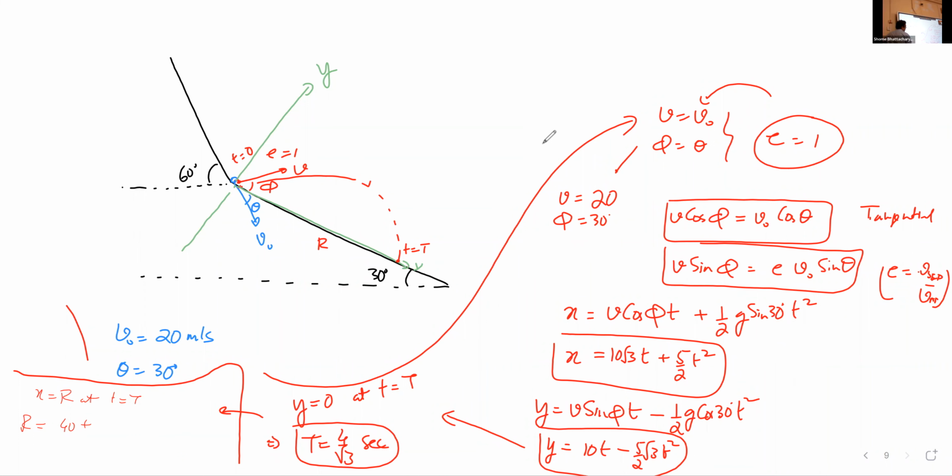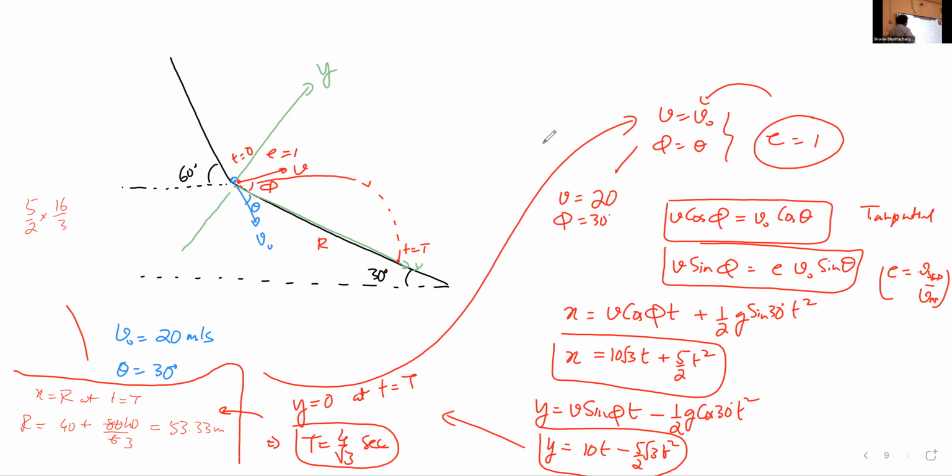So that's how much? 5 into 16, so that's 80 divided by 6, is it? 5 by 2 into 16 by 3, yeah. Okay, so that's 40 by 3. So that's becoming how much now? So 40 plus 13.33. So that's 53.33.